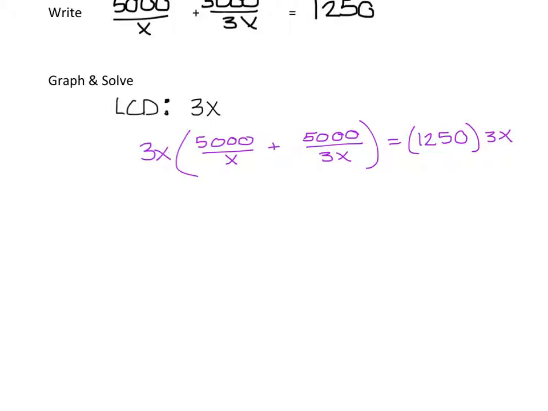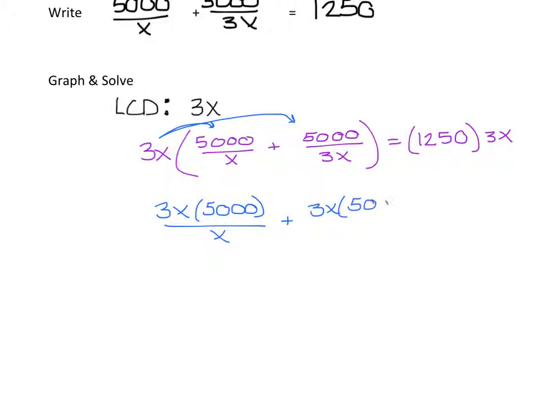Now we can distribute on the left side. So 3x times 5,000 over x plus 3x times 5,000 over 3x equals, what's 1,250 times 3? 3750.